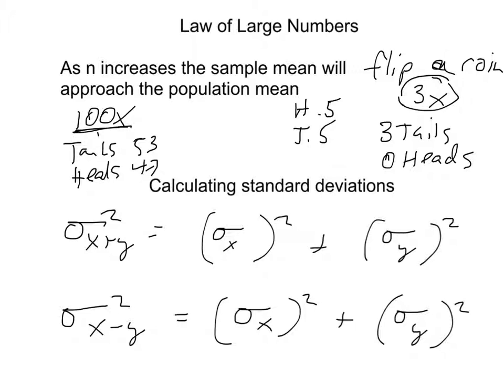But if we did 100 times and the number of tails was 20 and the number of heads was 80, then you're going to think there's something maybe a little suspicious because that's a big discrepancy. So notice as the number of trials, n, increases, the sample mean approaches the population mean. In this case, you can flip a coin infinite times, and it's going to become closer and closer to around half because that's our probability.